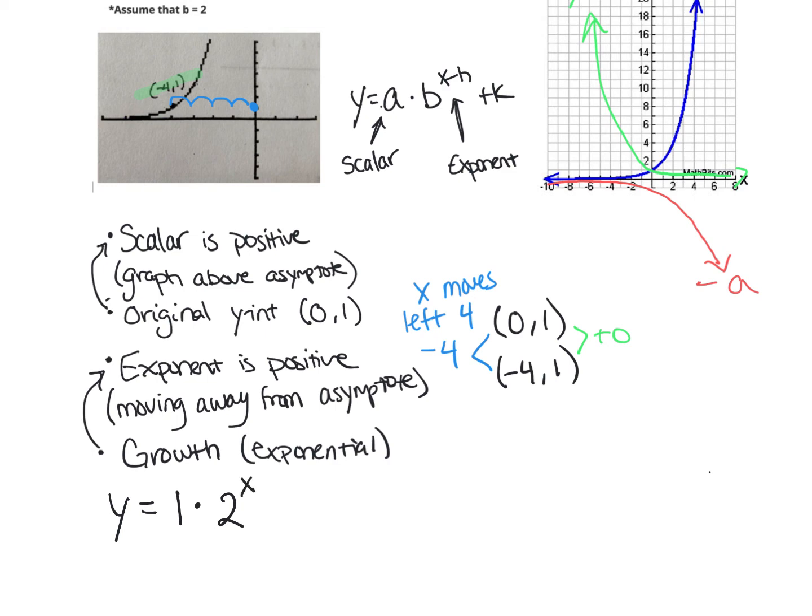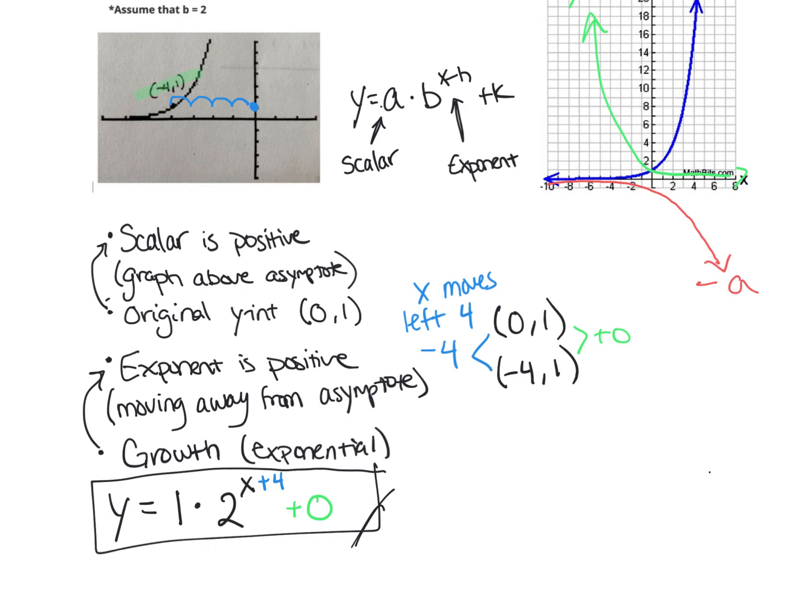And then x, instead of writing -4, we're going to write +4, since we always have to switch that sign for our x transformations, whichever direction we think that's going in. And then for our k value, up or down, we didn't move anything, so I'm just going to put a +0 there. You don't have to write that +0, but you can if you want to. But that's our whole equation. This is it.